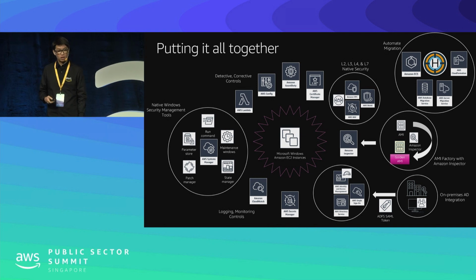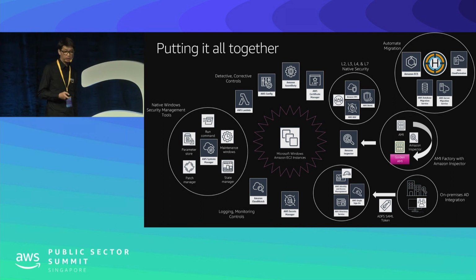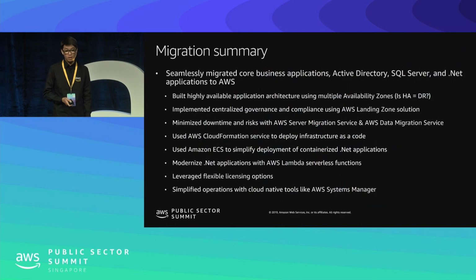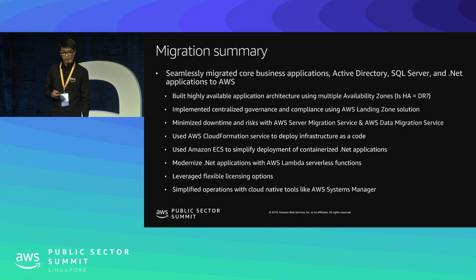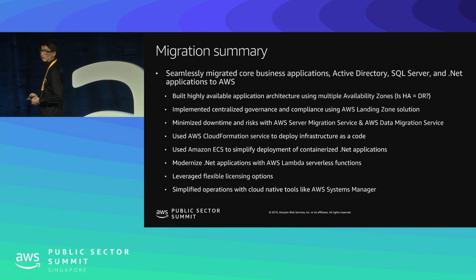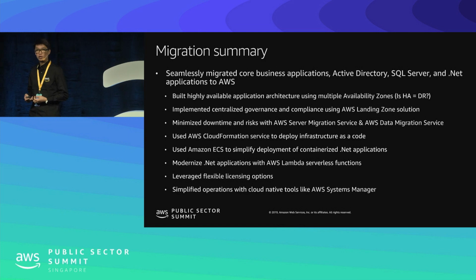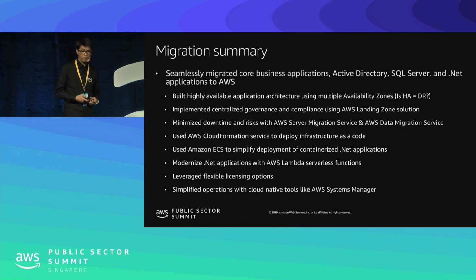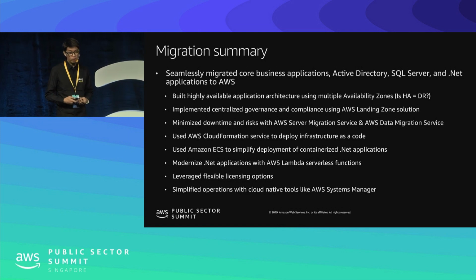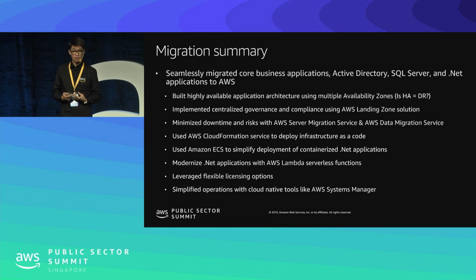And of course, the whole suite of security management tools, leveraging Systems Manager to manage those environments. So in summary, basically, you can migrate your Active Directory, your SQL Server, custom .NET applications onto AWS fairly simply with minimal downtime. You're going to leverage multiple AZs for HA.